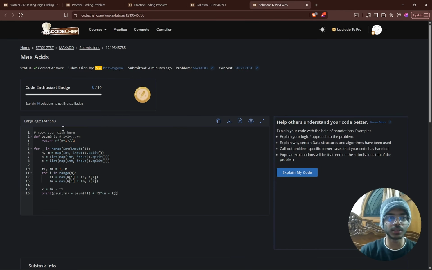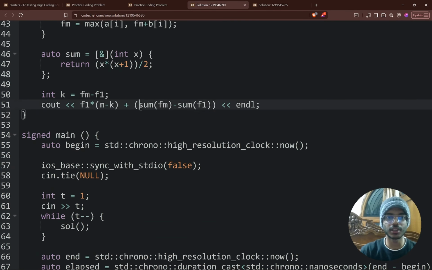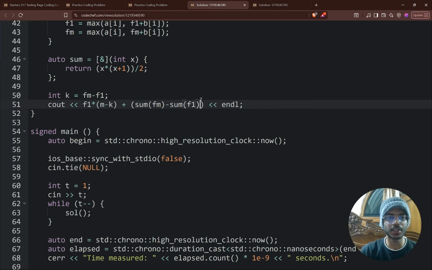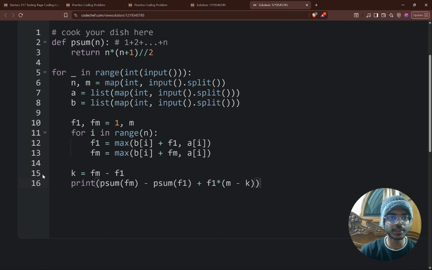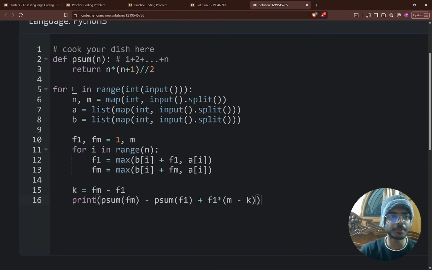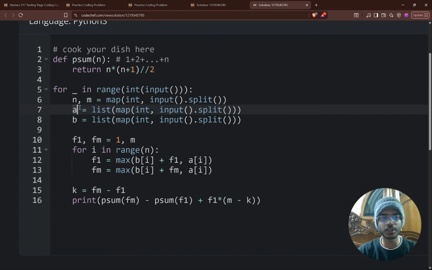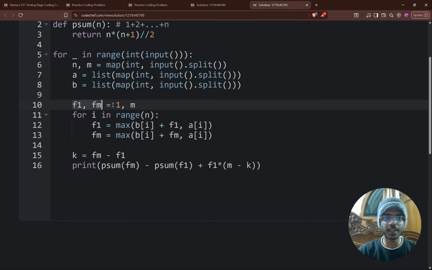Okay, sorry, this is r minus l only, but yeah, you get the idea, right? Now let's see the solution in Python. So we run a loop for each test case. Take in the input of n and m, we take in the input of the arrays a and b. We define our l and r.